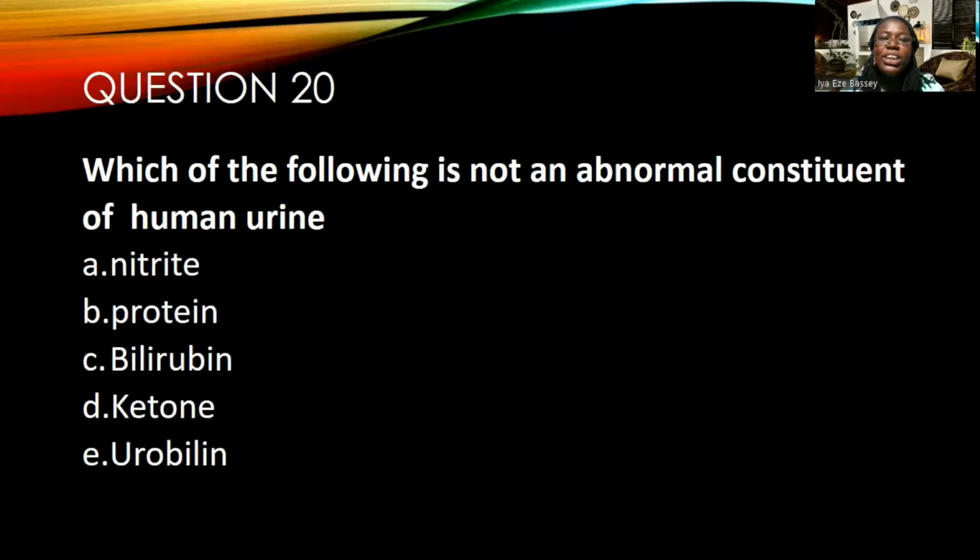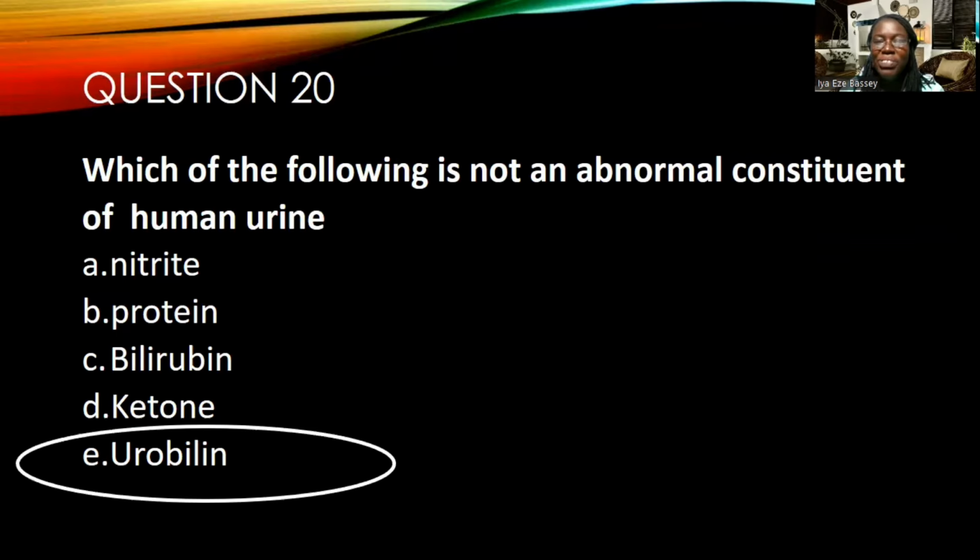All right. So 20. Which of the following is not an abnormal constituent of human urine? A, nitrite. B, protein. C, bilirubin. D, ketones. E, urobilin. Which one do you choose?